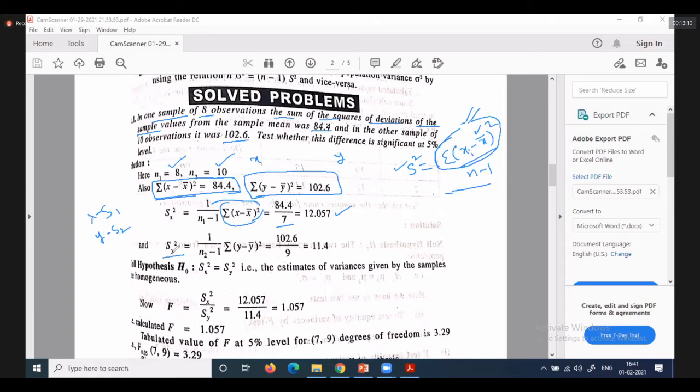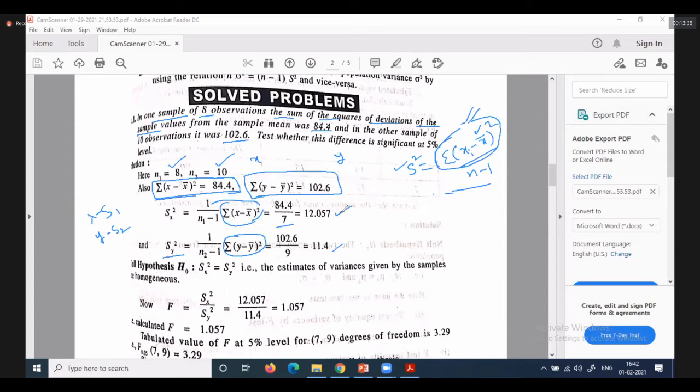The second random sample variance is denoted by s suffix y whole square. That is equal to this one. Here also we know the formula value. Just substitute, and we can get the variance. Okay, the second sample variance is 11.4. And all of you observe here, which random sample variance is greater?